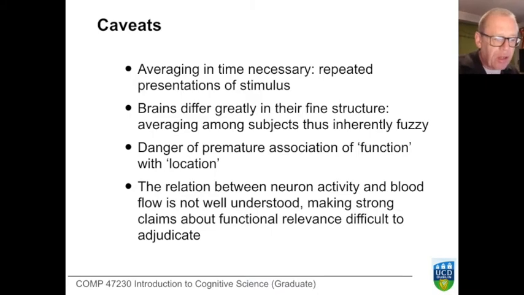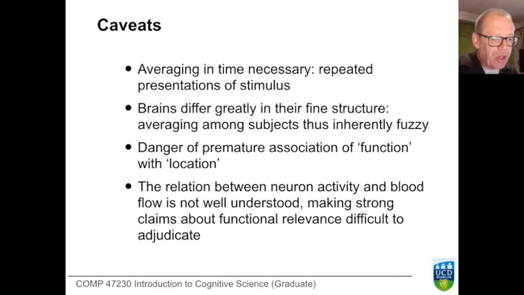So some things that are not available here are the involvement of the brain in dealing with reality on an ongoing basis where everything is always new. Rather, if we show a picture of a kitten, show a picture of a black screen, show a picture of a kitten, show a picture of a black screen, and do this 150 times, we get the average of the activation in the two conditions and subtract.